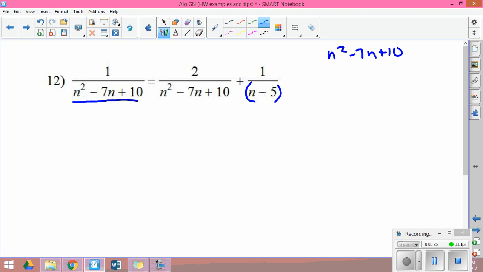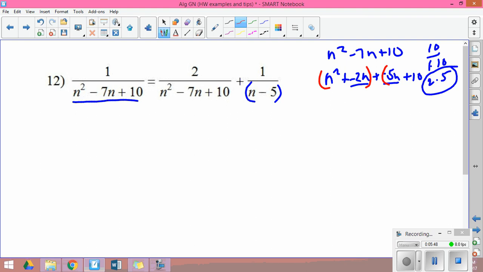So I need to think about what factors of 10 would add or subtract to make -7. Remember how I said factoring is the backbone? Clearly -2 and -5. I'm going to group, take your common factor of an n out, n minus 2.